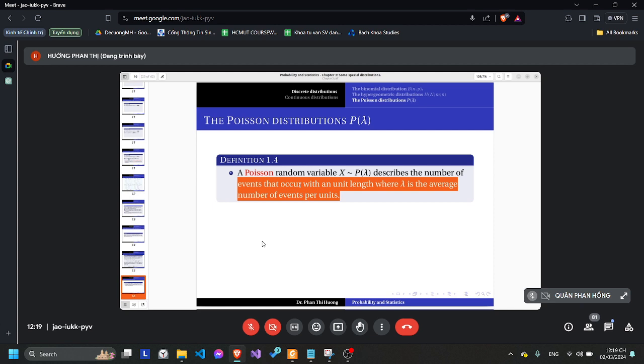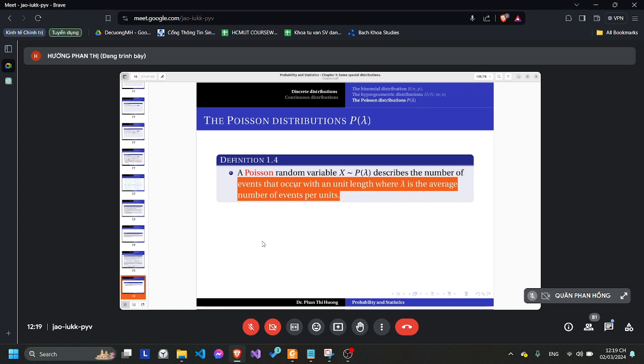This unit can be a unit of time or a unit of space. For example, it can be 1 hour, 1 day, 1 year, 2 years. Or it can be a unit of space, for example 1 city, 1 post office, 1 town, 1 house, 1 millimeter, 1 millimeter square, and so on.